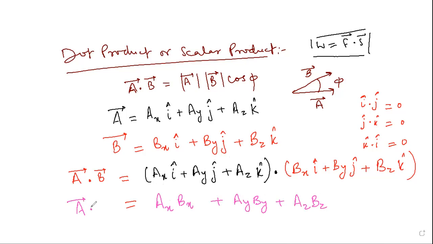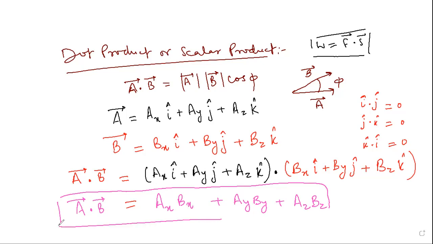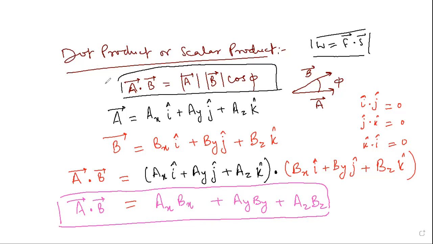So if two vectors are given in unit vector notation, you can directly from the components find the value of their dot product. You have to multiply the corresponding components, then you have to sum those products, right? So this is one way of finding the dot product. This is another way, right?